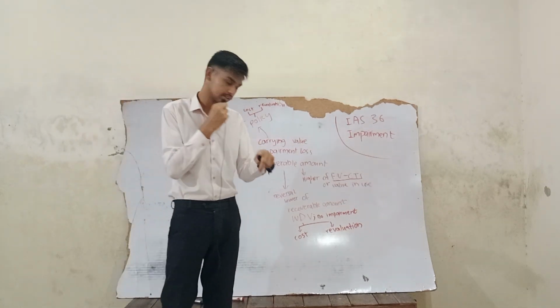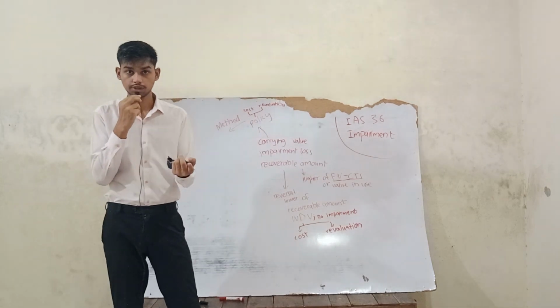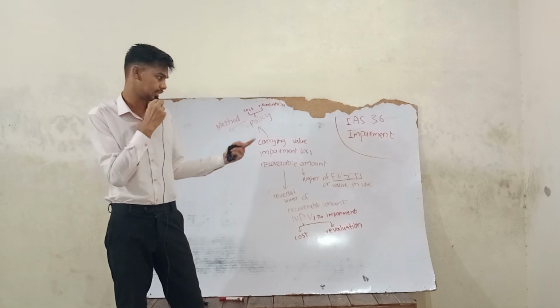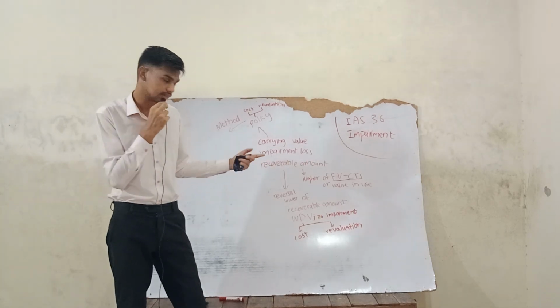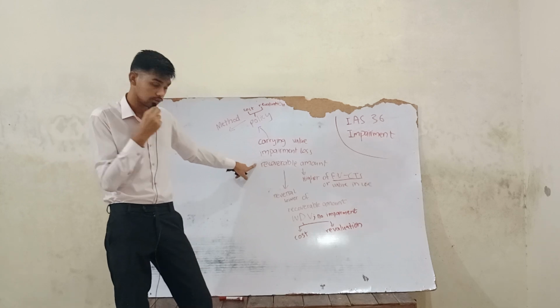And the other value, value in use: let's suppose if the company made certain modifications to the existing machinery, then they can generate more revenue. It means that their recoverable amount is more, so there will be no impairment if this value is higher.